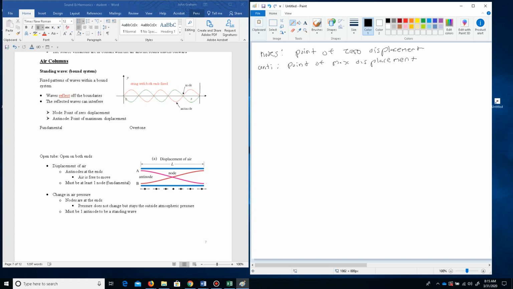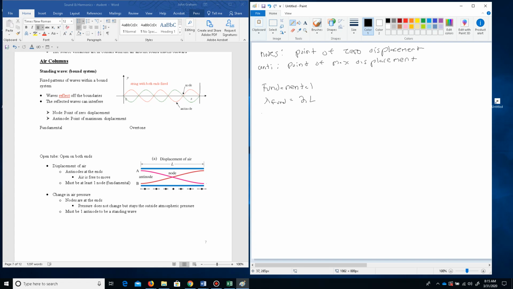So for air columns, the fundamental frequency, or the fundamental harmonic, basically, the wavelength is equal to twice the length.